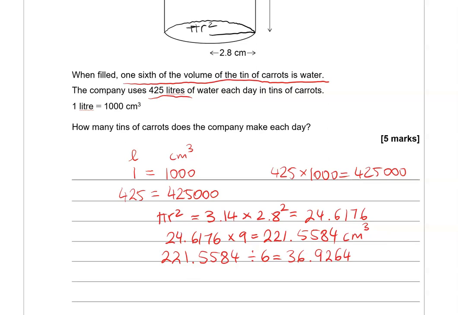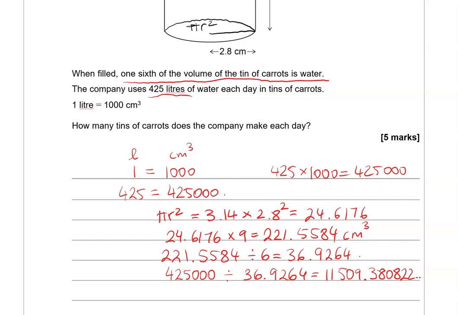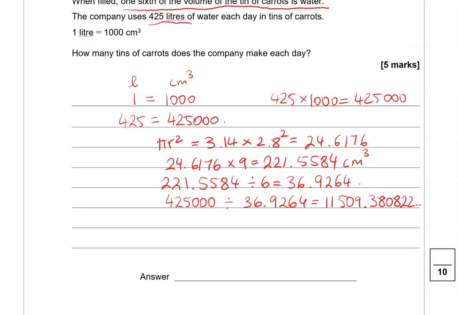So if we divide 425,000 by 36.9264, it should give us the number of tins, and that is 11,509.380822 and so on. So that will be 11,509 tins.